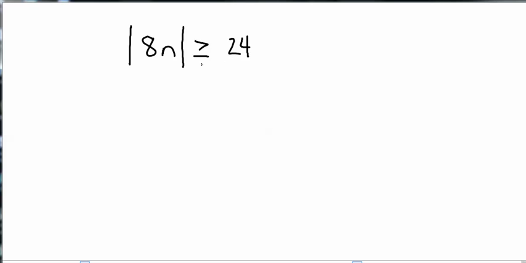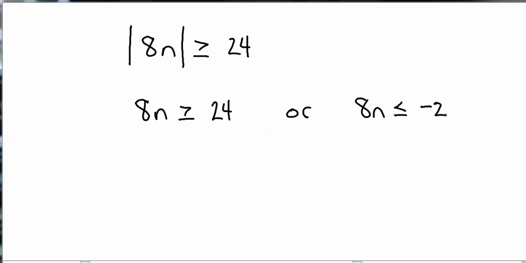So this is going to get rewritten as 8n is greater than or equal to 24, or 8n is less than or equal to negative 24. And then you solve them both. Divide by 8. n is greater than or equal to 3.